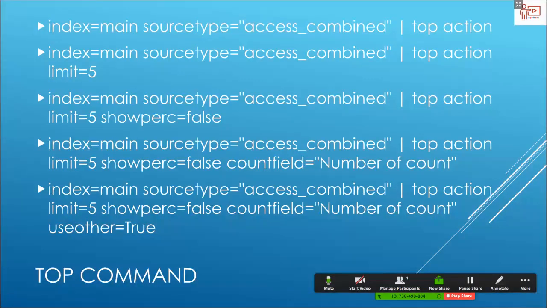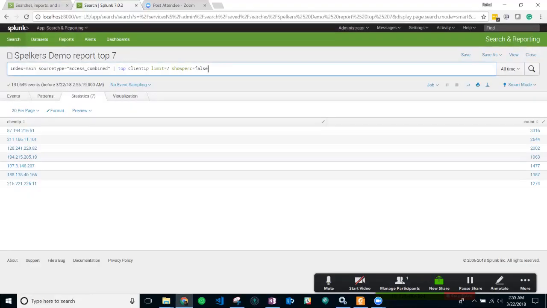Now, one more thing is the count field is there. As we can see, for each and every client IP, it is showing some specific count, that is 3316, 2644 are the counts. But for example, my manager wants me to create one report and that report should contain the count of top 7 clients, but now count will not look good.